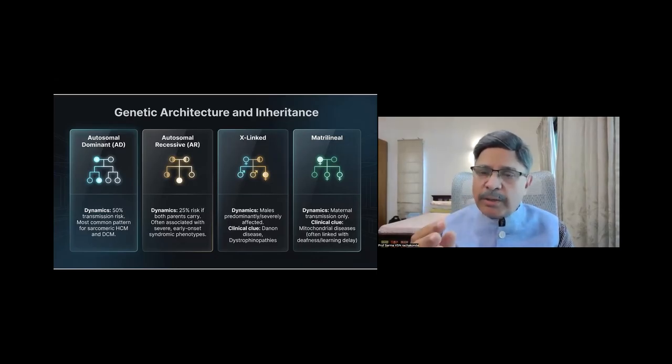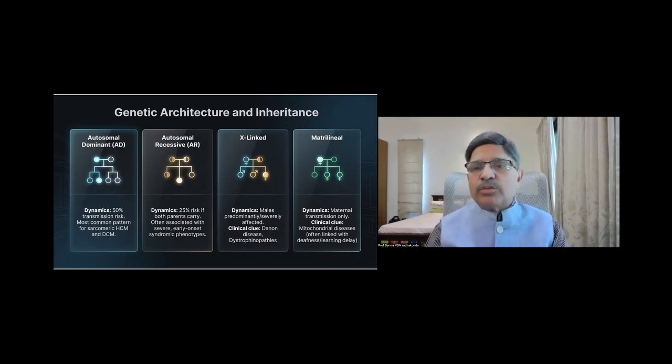The DNA material in the mitochondria, which is there in the mother, it is there in the mother's cell. It did not come from the father's cell. This is called the maternal transmission only. Mitochondrial diseases often linked to sensorineural deafness and learning delays is matrilineal transmission.